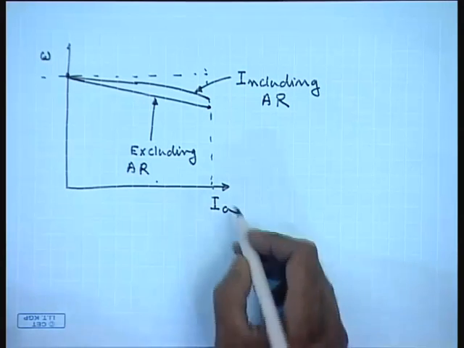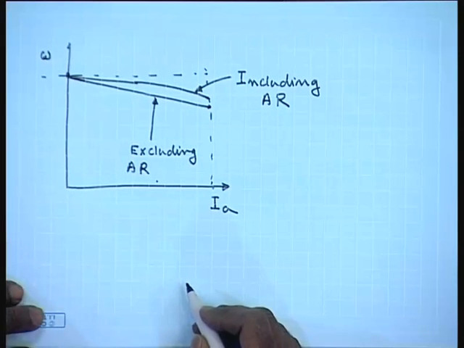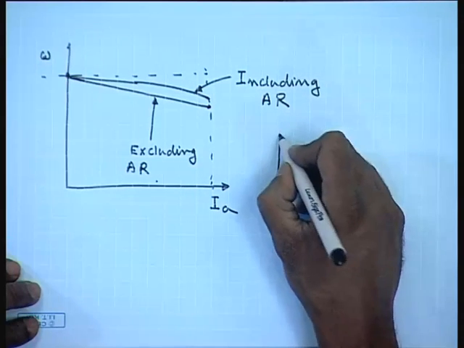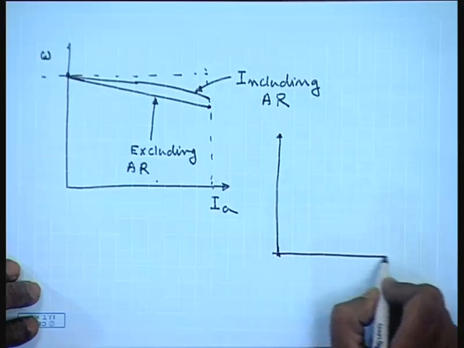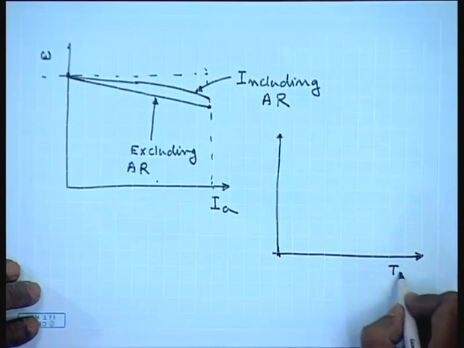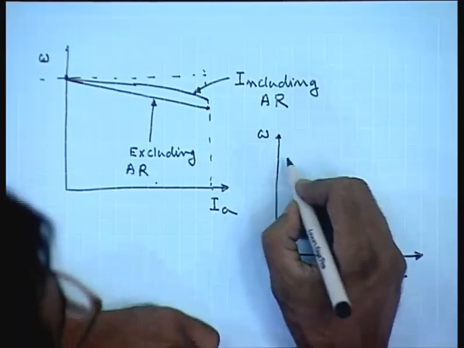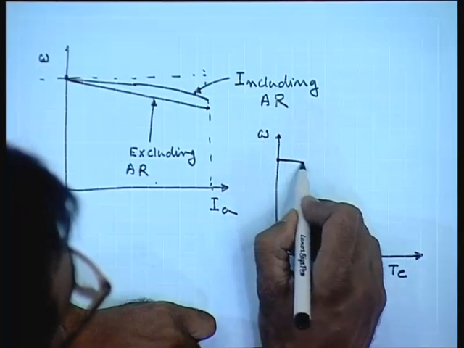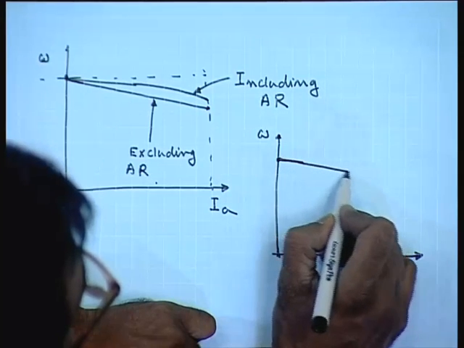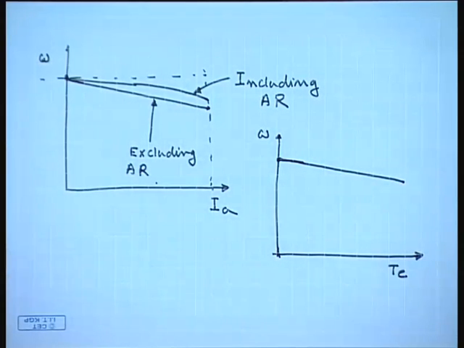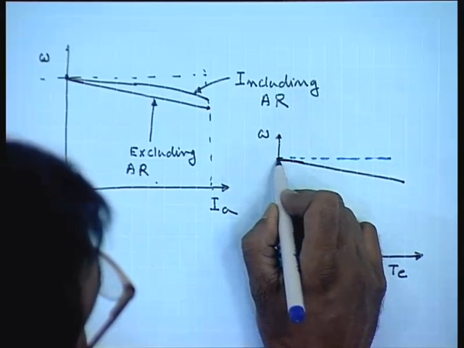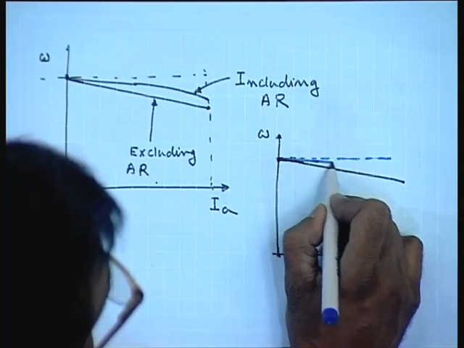Since torque is proportional to armature current, the torque speed characteristics will also look similar. This is the no load torque 0. Ideally, if there was no armature reaction, it would have dropped linearly, but when one takes into account the effect of armature reaction, the actual torque speed characteristic lies somewhat above this.